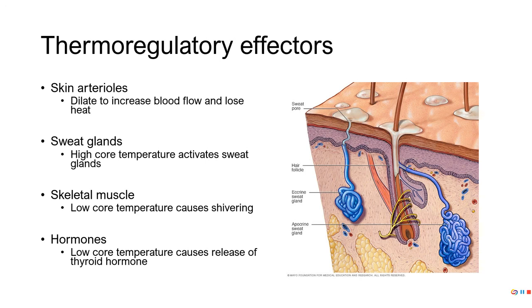When we increase our metabolic rate, that can increase our temperature as well. So there are several different ways that we can maintain our body temperature: if it's too hot, we can decrease our temperature, and if it's too cold, we can increase our temperature.